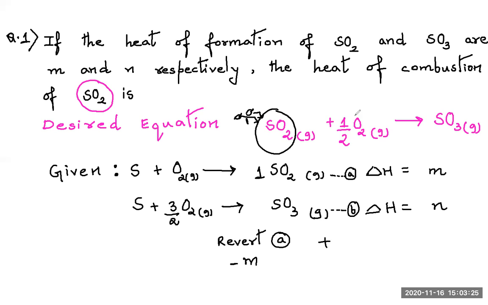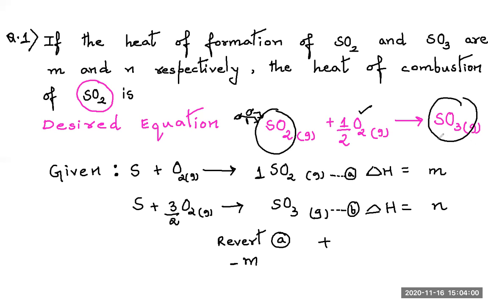Next thing I want is half O2, but oxygen is in both A and B. And I have told you many times, whatever you see in both the equations, just neglect it. Whatever you see in more than one equation, just neglect it. So I am neglecting O2. And I move ahead, and in the desired equation, I want a molecule of sulfur trioxide, which I see in the given equation B, it is on the right.